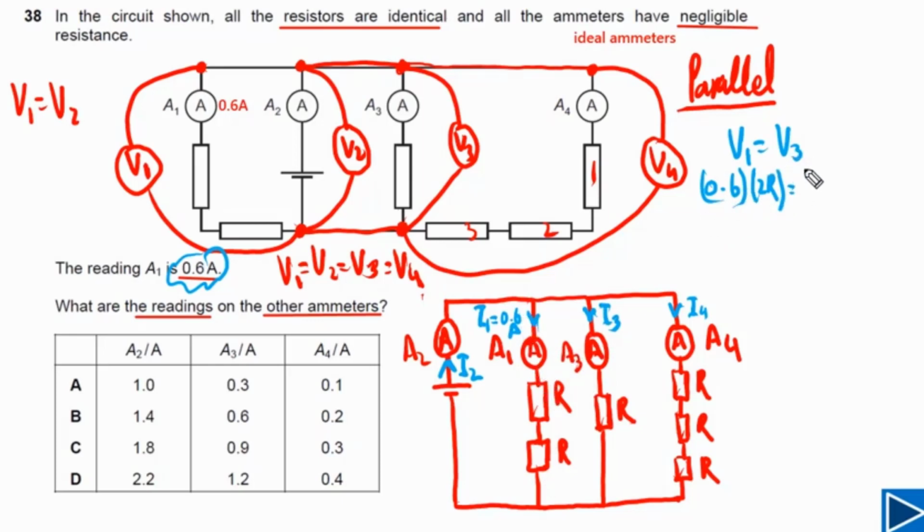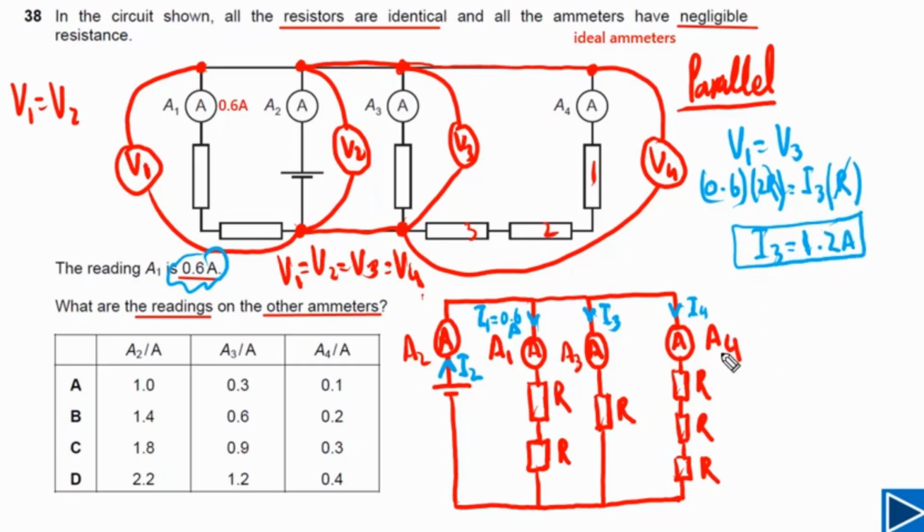And for V3 we can simply say this is I3. We don't know the value of I3, but we know the resistance of this branch is R. Now from here we can cancel R because this is common, and we can find I3 from here, and that is 2 times I1, so it is equal to 1.2 amps. So this is the reading on ammeter 3.